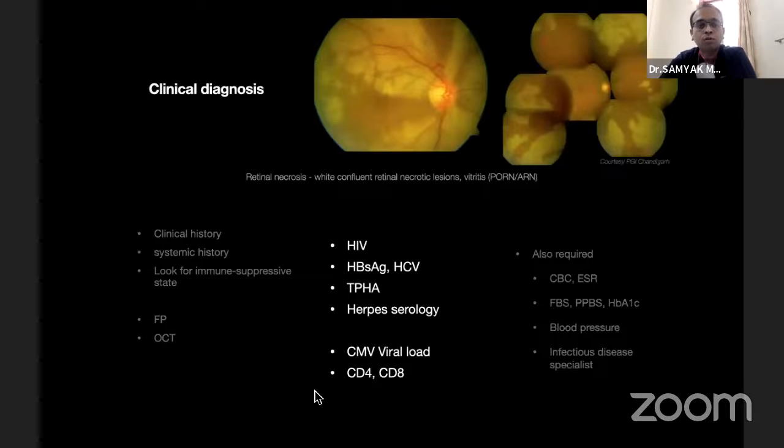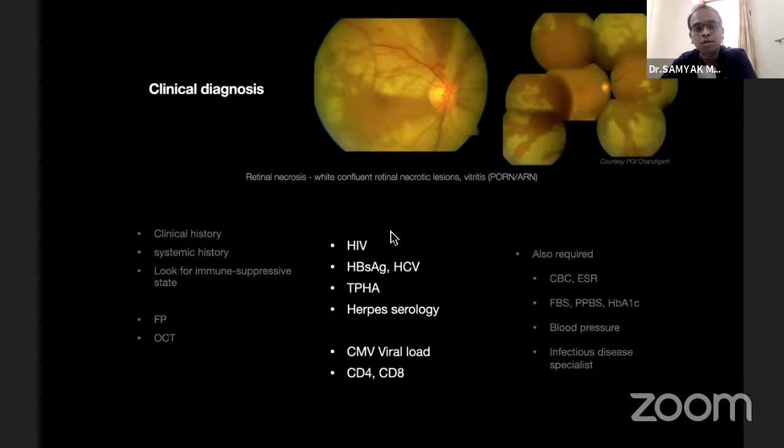If you go to scenario 4, if you see multiple areas of confluent retinal necrosis, either in the periphery or in the posterior pole with a varying amount of vitritis, it could be either acute retinal necrosis or progressive outer retinal necrosis. If you see it in a pizza pie kind of pattern with multiple retinal hemorrhages, it's a clinical diagnosis of CMV retinitis.